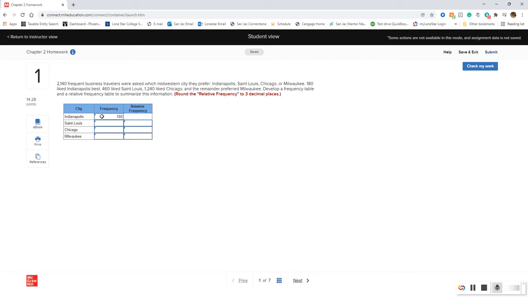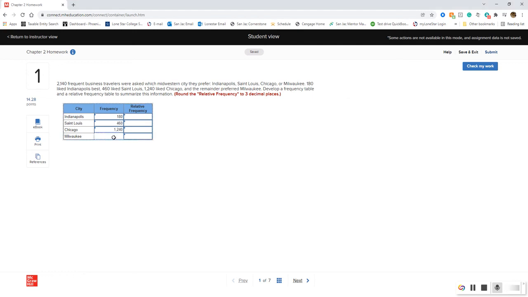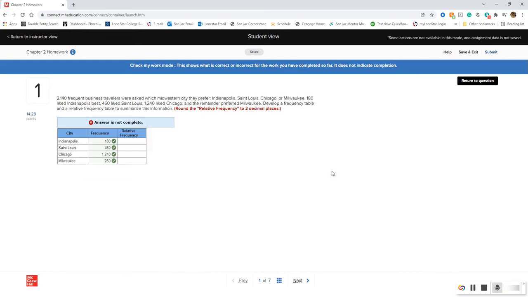So we had 180 for Indianapolis, 460 like St. Louis, and 1,240 like Chicago. The remainder liked Milwaukee. So taking the calculator, taking our total minus the numbers leaves us with 260 for Milwaukee. Nice. And again, always check your work. Make sure you got everything correct.